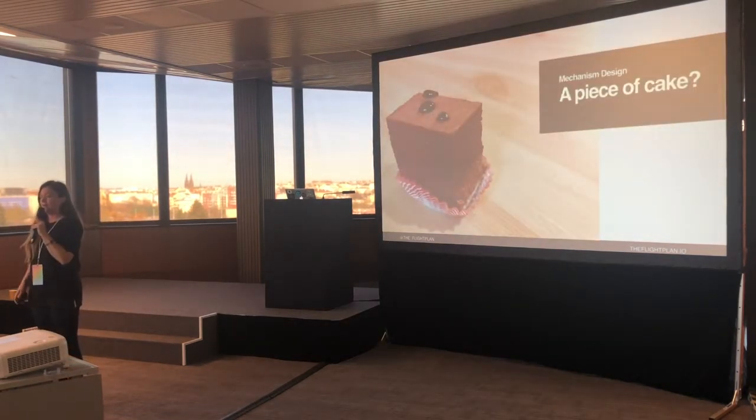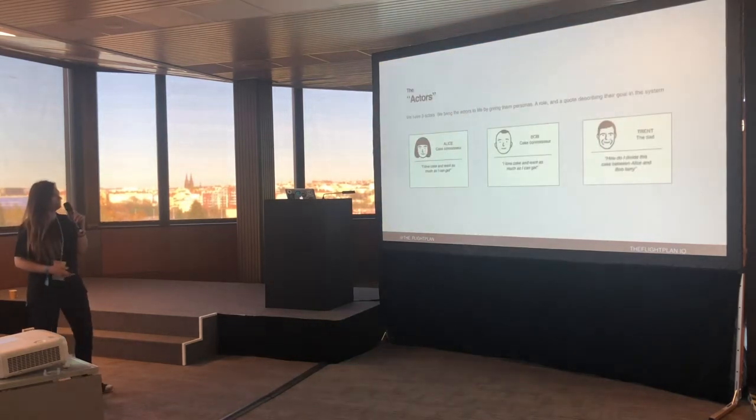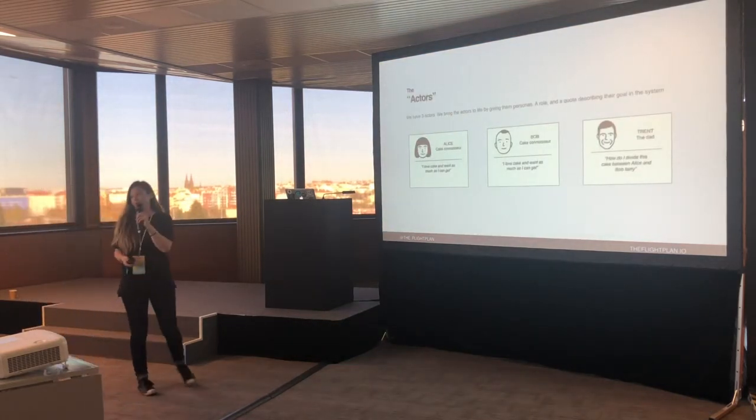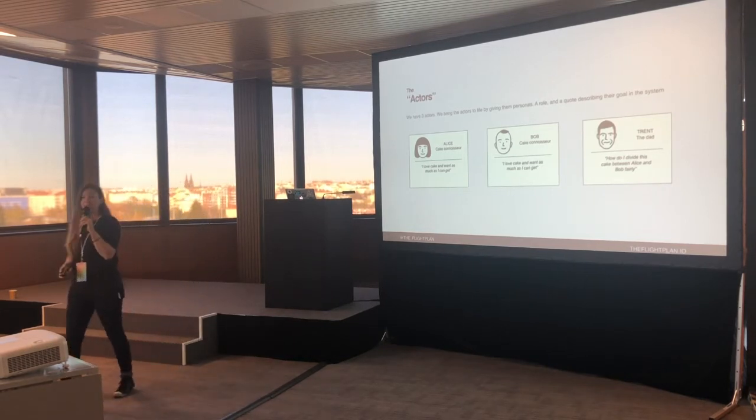We found that a lot of these concepts are really abstract to understand, and there's no better way to understand it than to take it out of the theory and use the real example of slicing a piece of cake. So we have 3 actors in this example of slicing a piece of cake.